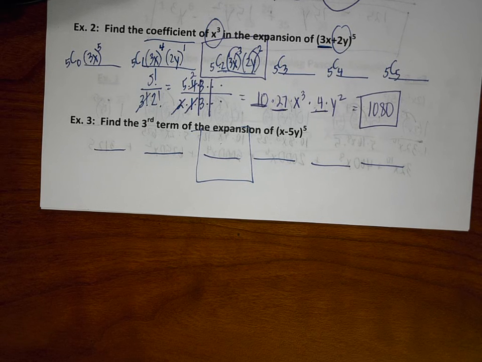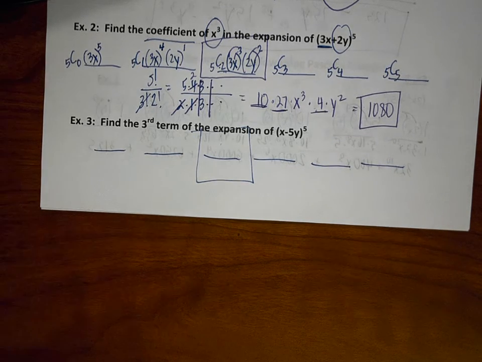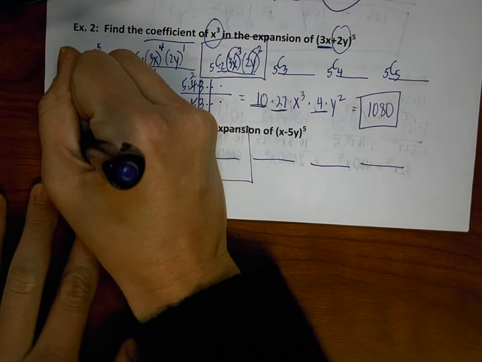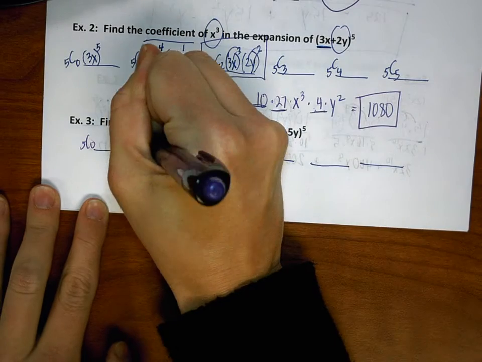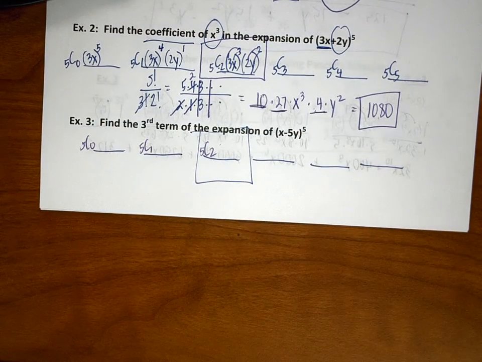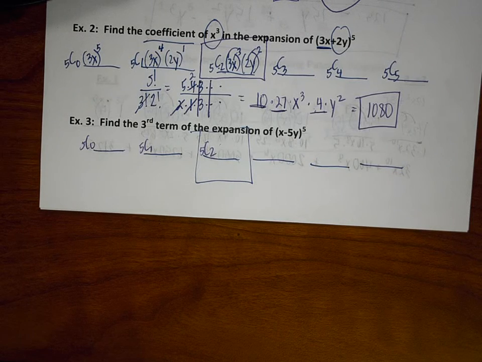There you go. Okay, so let's check this out. So if I'm doing my C thing, I'm going to start with 5C0, 5C1, and then I have 5C2. Okay? You don't have to, but I just want us to practice on this set of notes.